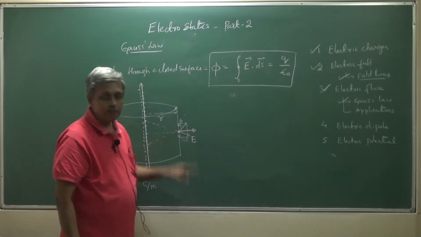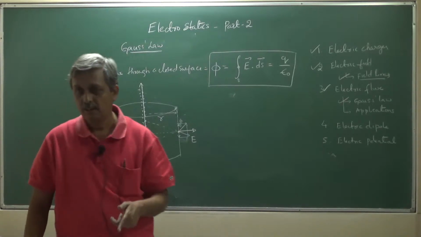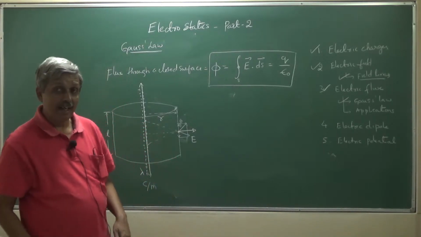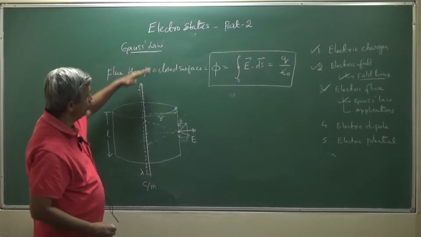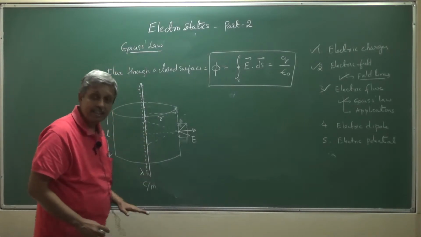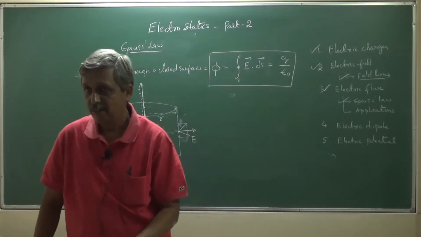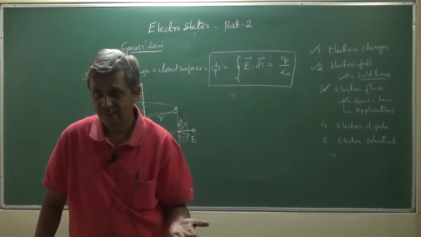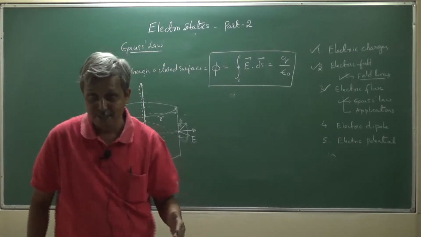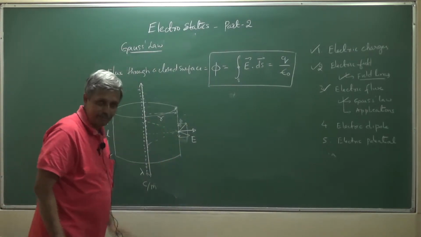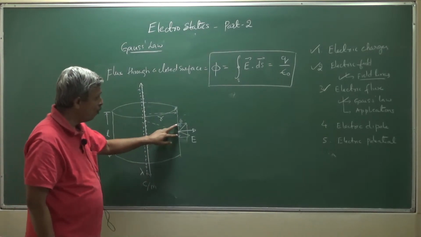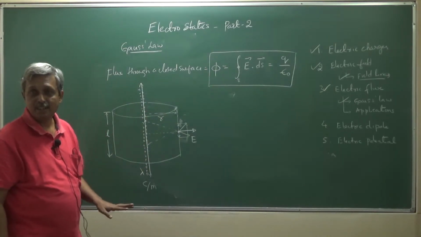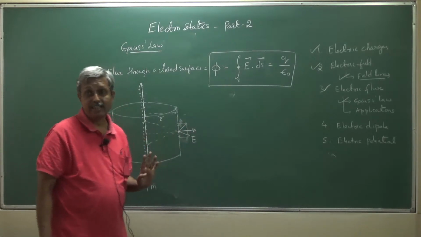Only horizontal components add. What we know here is that the total length from here and the total length from here are equal, because both are infinite, right? We have infinite length this side and infinite length this side. They are cancelling out. So because of that, no vertical component will remain. Only the horizontal component will get added.